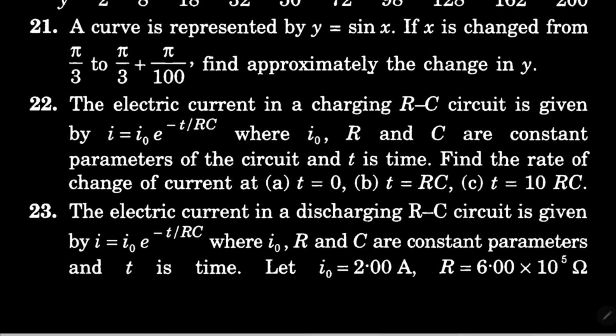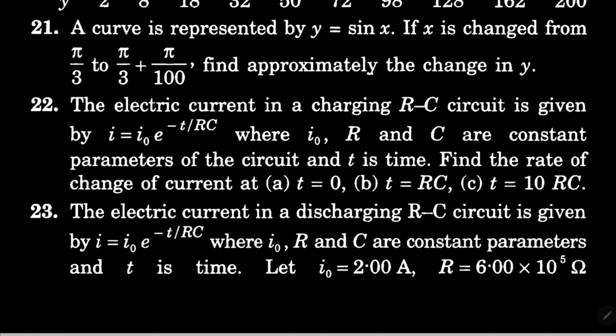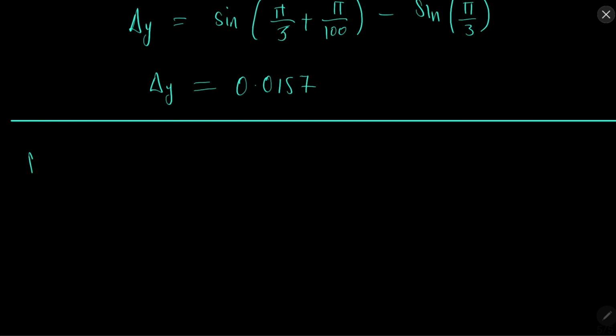In question 22, electric current is there in an RC circuit. So it is given by I equal to I naught e to the power minus t over RC. We need to find the rate of current at different time intervals. 22nd, so current is I naught e to the power minus t over RC.